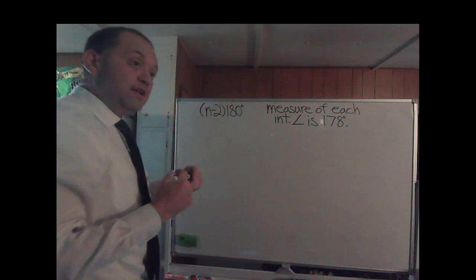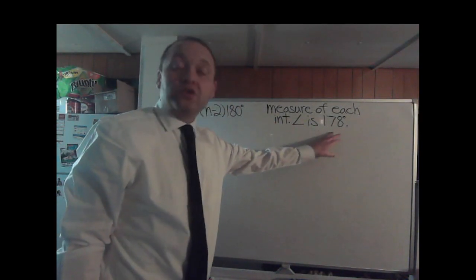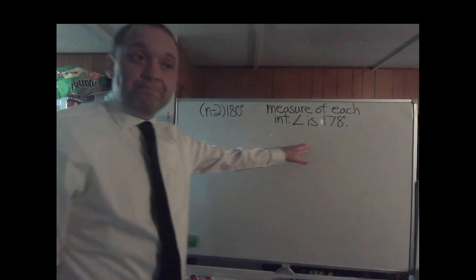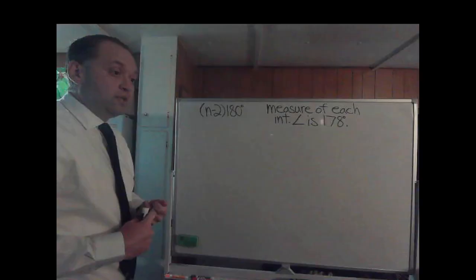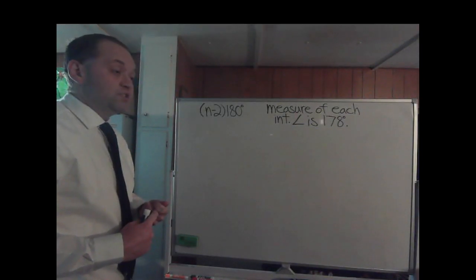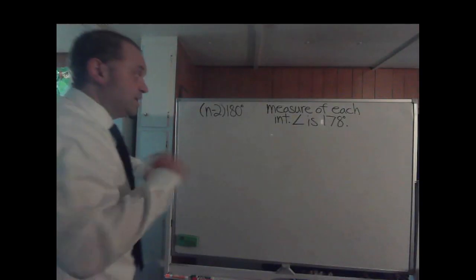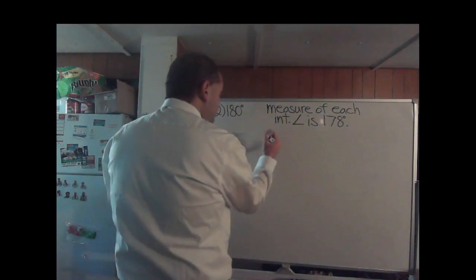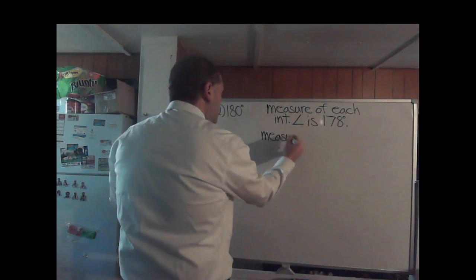So the given information we have is the measure of each interior angle is 178 degrees. We still have to find how many sides this polygon has. We have no idea how many sides it has. We also still don't know the measure of each exterior angle, but that's going to be easy. Let's start with the measure of each exterior angle first.